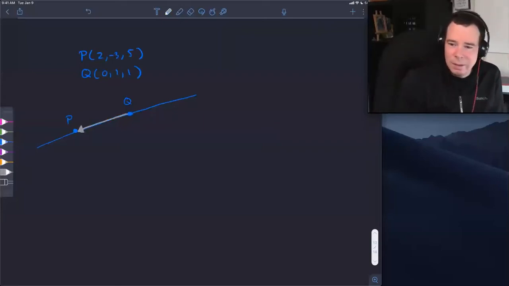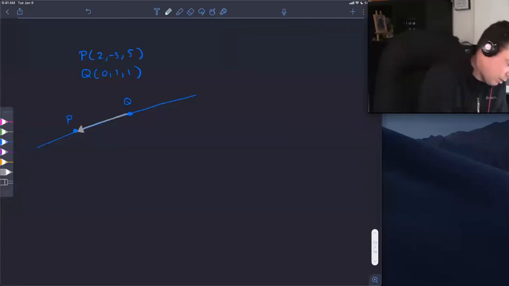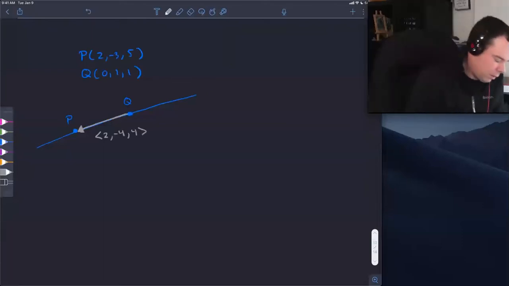So it wasn't allowing me to have multiple correct answers. So I went with this one so that we could find the vector tip minus tail. So P minus Q gives us the vector: 2 minus 0, -3 minus 1 is -4, and 5 minus 1 is 4. So that's a vector that points in the direction of the line.